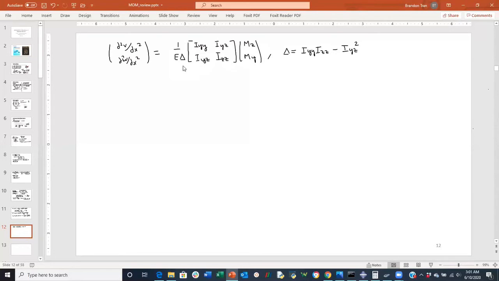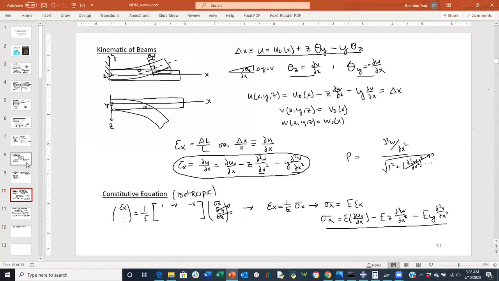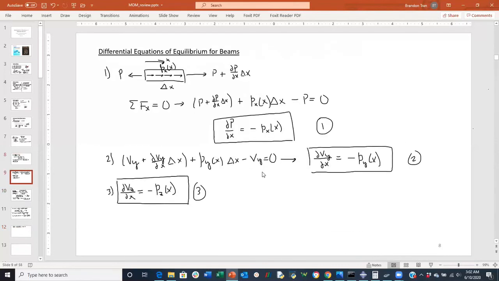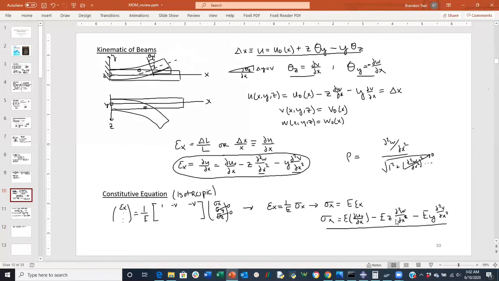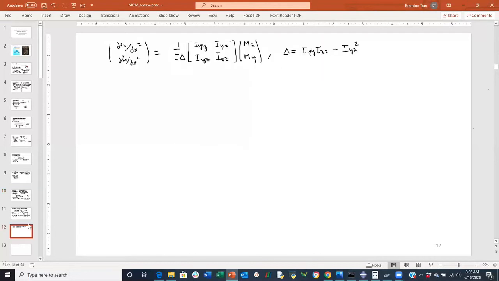So this is advantageous for us because these curvatures are seen in our normal stress equations. So we're just going to plug them in by carrying out the matrix multiplication. Everybody remembers basic matrix multiplication: on the left side, go row, then down column. So Iyy times Mz plus Iyz times My.